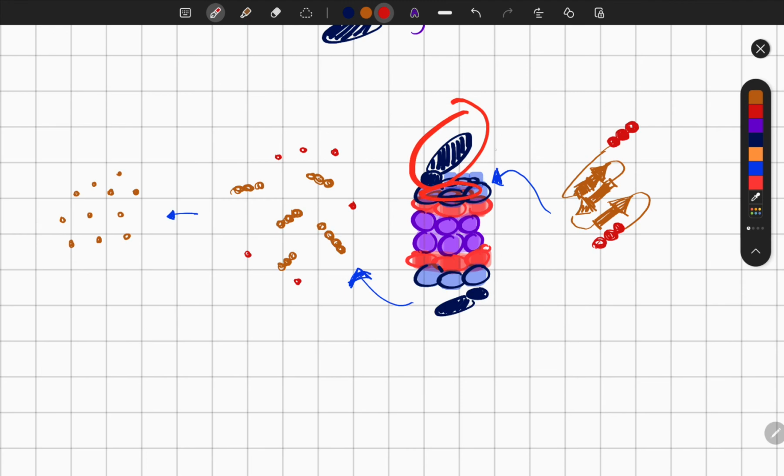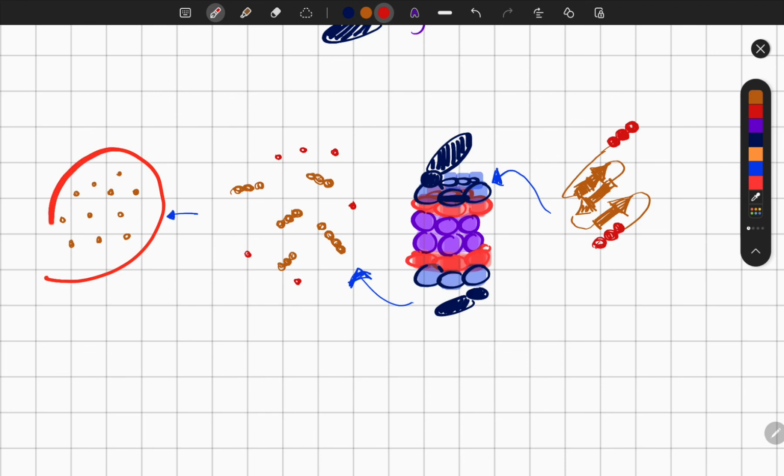And after that, it enters the catalytic core where it is broken down by nucleophiles. And after that, it would release our peptides that are about 7 to 9 amino acids in length, along with our ubiquitin molecules.